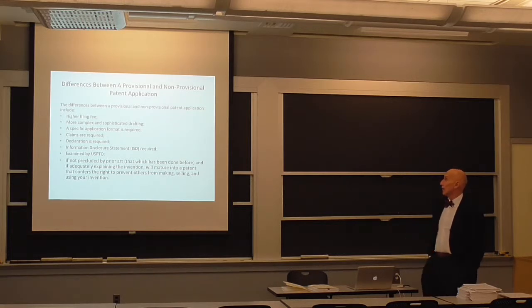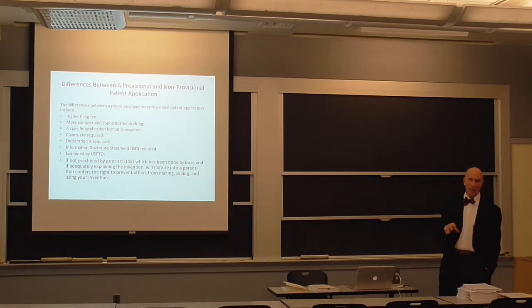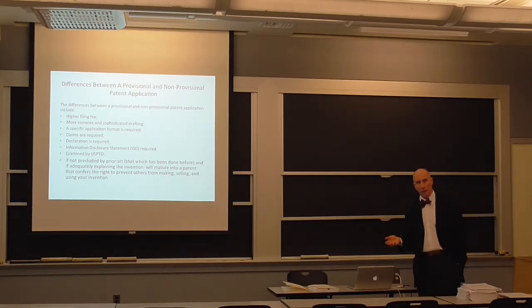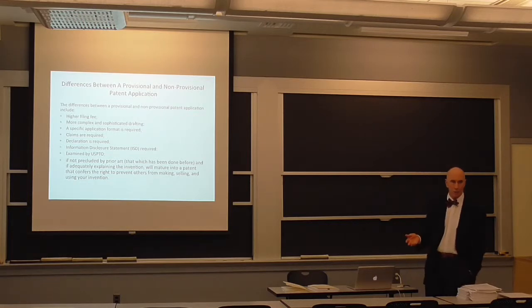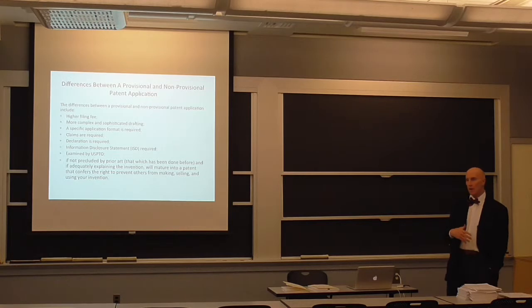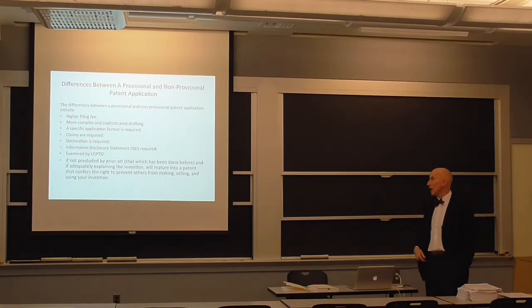So anyhow, the difference is higher filing fee, of course. It does depend on how many claims you have, but generally provisional is about $125 and a non-provisional is $550. But again, that depends on the number of claims. It's more complex and sophisticated drafting.